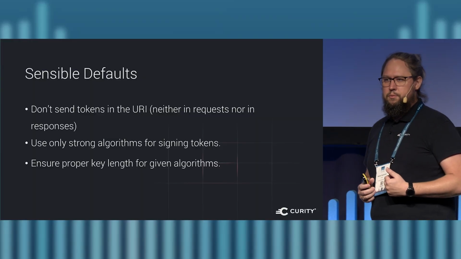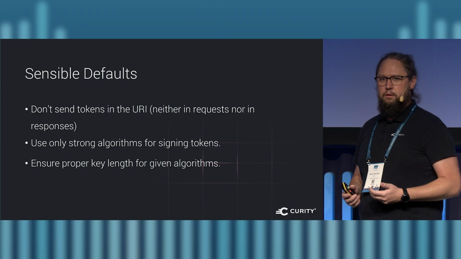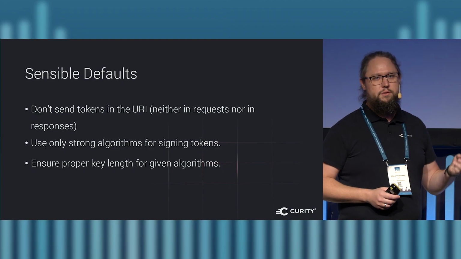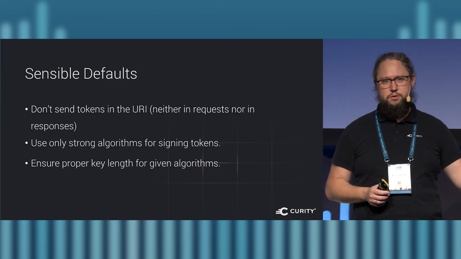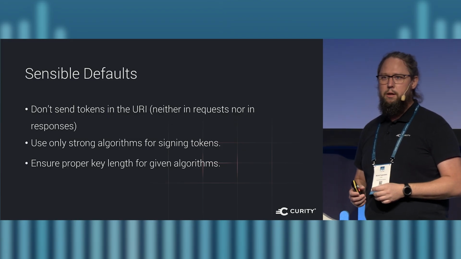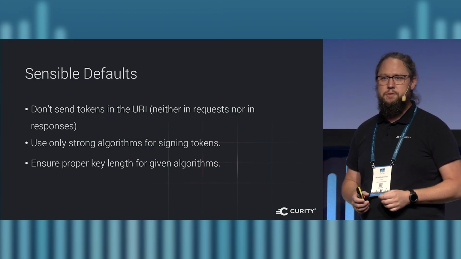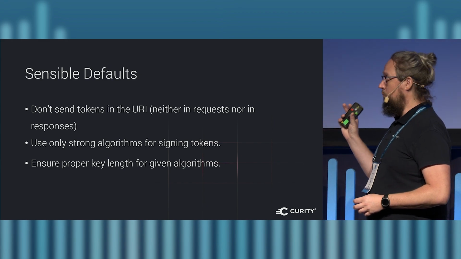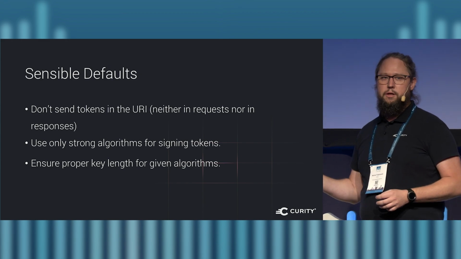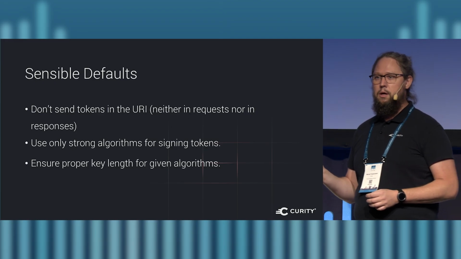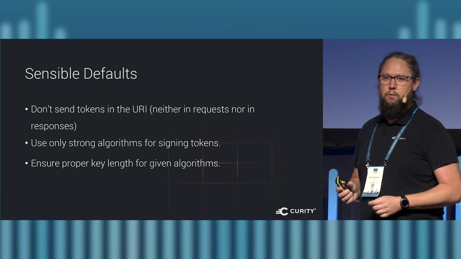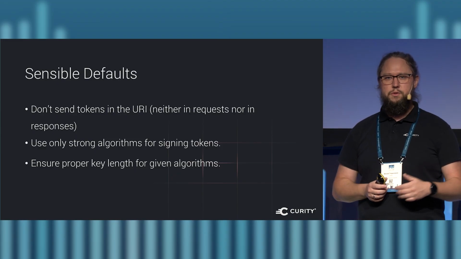First of all, there are some sensible defaults in the profile. For example, never put your tokens in the URI, whether it's in the request or in the response. In the response, meaning, when can the access token end up in the response, or an ID token? If you use OAuth flows like hybrid flow or implicit flow, then you will have the tokens in the response, and you shouldn't do that.